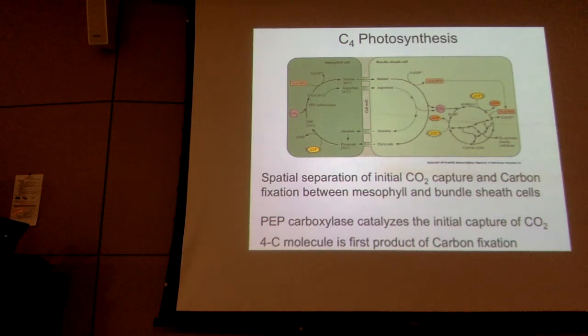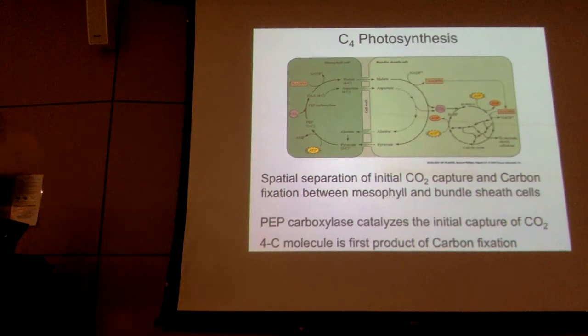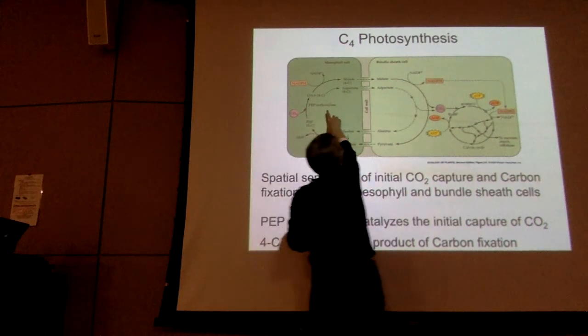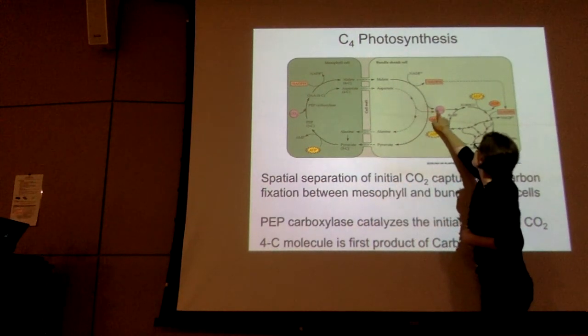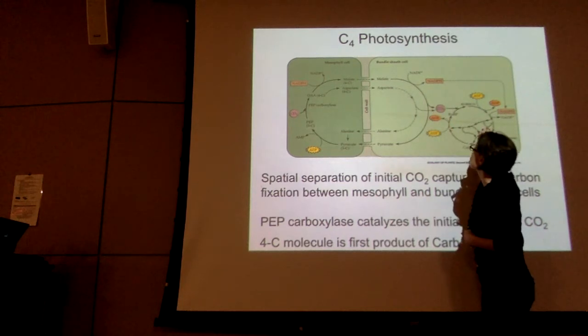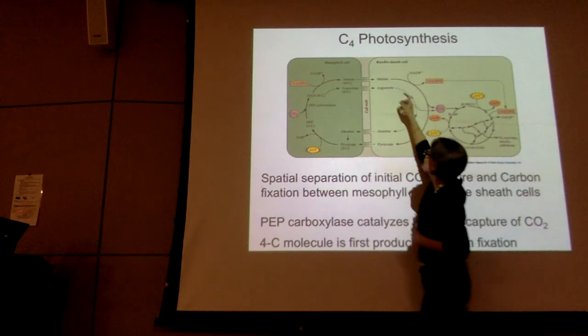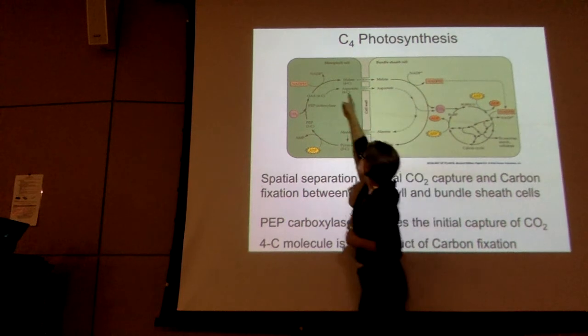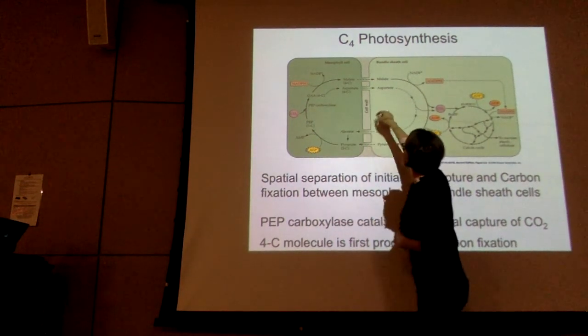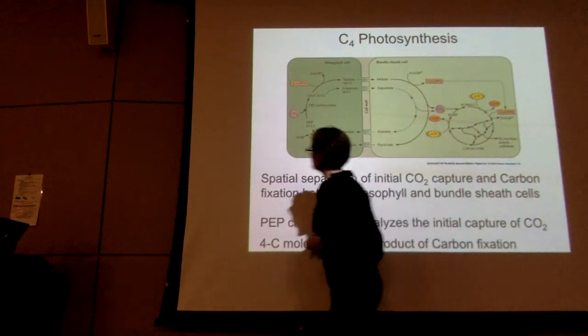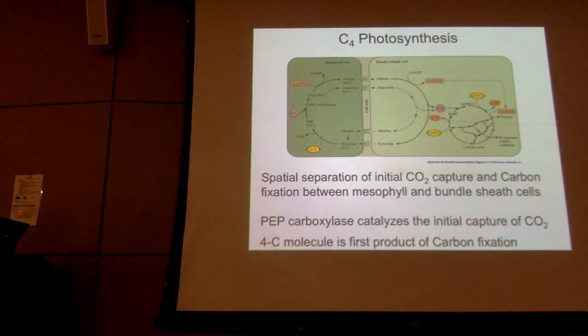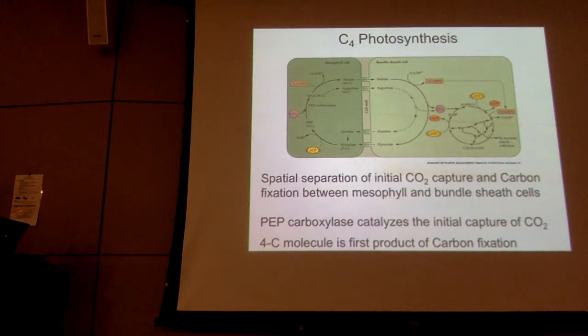The fixed CO2 then goes into the bundle sheath cell, and CO2 is liberated from malate, which is made from this oxaloacetate. So you fix the CO2, you liberate it, you fix it again. But you've got that spatial separation so that oxygen is not in there, and you've got a separate enzyme that is less inclined to bind with oxygen.